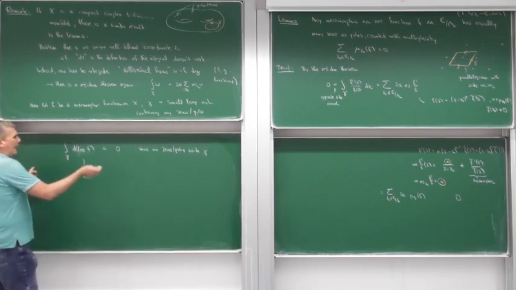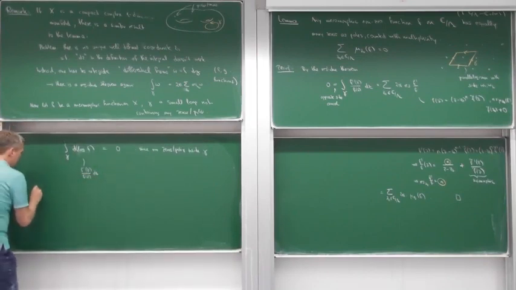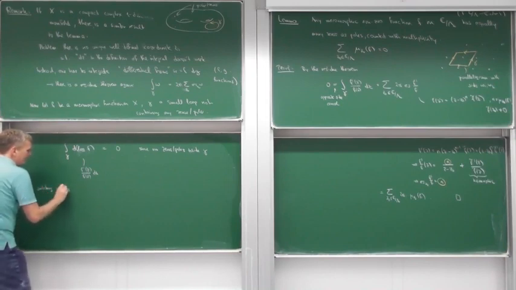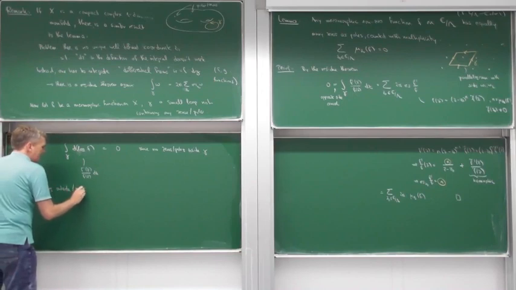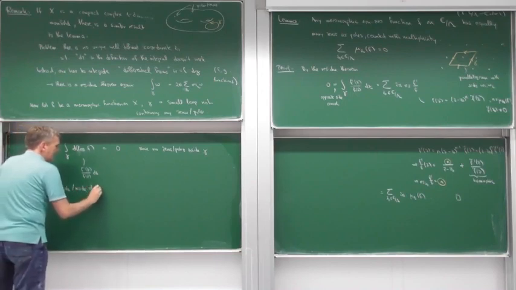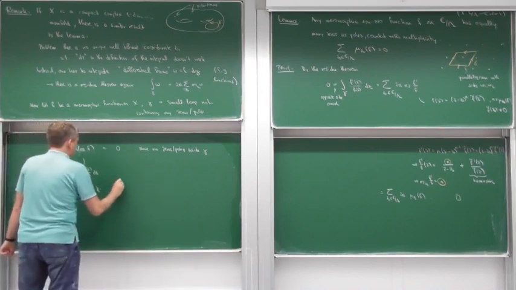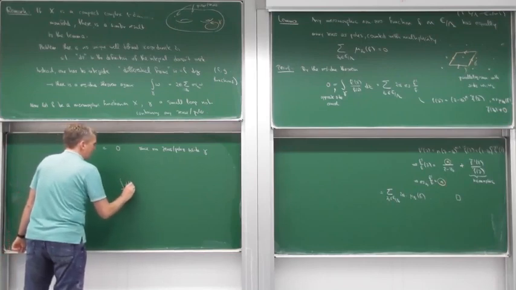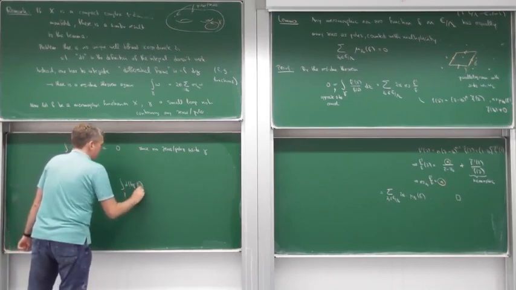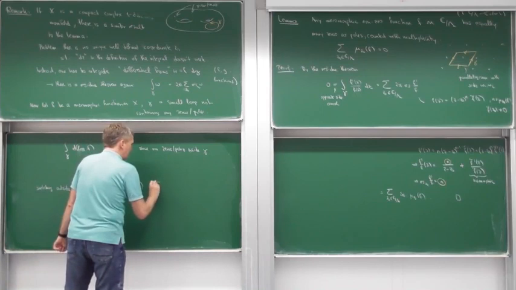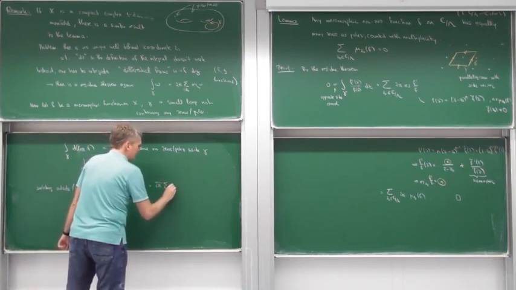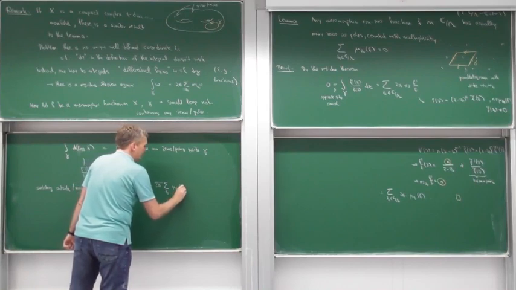But if you take the outside as the inside, switching outside to be inside of gamma would give you that the same integral would be, with log f, 2 pi i times the sum over all z0 of the multiplicity mu z0 of f.